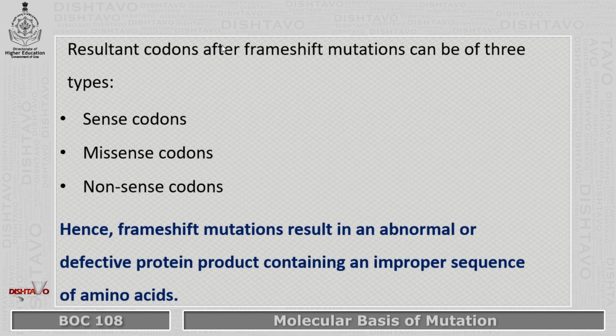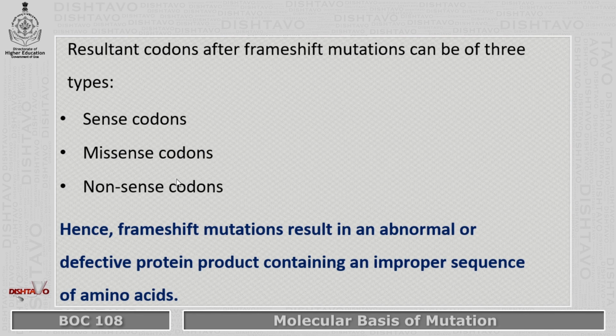The resultant codons after frameshift mutations can be of 3 types. They can be sense codons, missense codons, or nonsense codons. In the case of sense codons, these are codons that are read in the same manner as before the frameshift mutation. Missense codons will result in a different amino acid, an incorrect amino acid in the polypeptide chain.